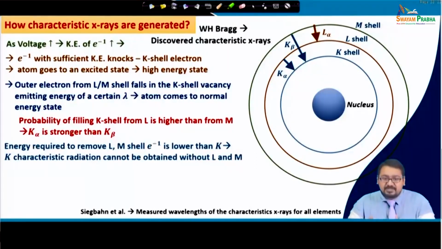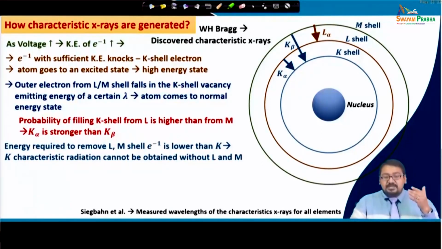In a similar process, these L alpha, M alpha radiations can be generated even at a lower excitation voltage, right. So these characteristic L alpha and M alpha radiations will have a higher wavelength and a lower energy, and therefore the K alpha and K beta radiation cannot be obtained without the formation of L alpha and M alpha radiations.